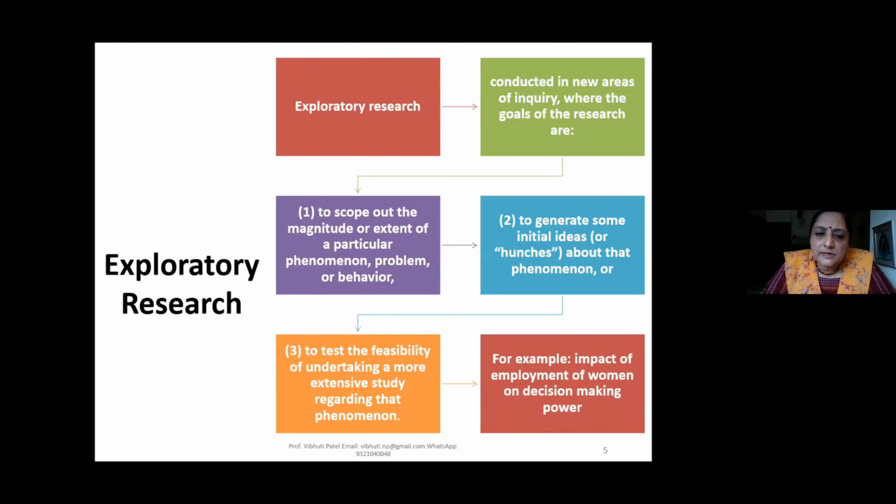Third stage is to test the feasibility of undertaking a more extensive study regarding the phenomenon. So whatever hunch you have, you try to study more. Like if you say that in a city like Mumbai, cases of pickpocketing are extreme at the time of peak hours, where the stations are overcrowded, and that is the time all the pickpockets do the stealing.